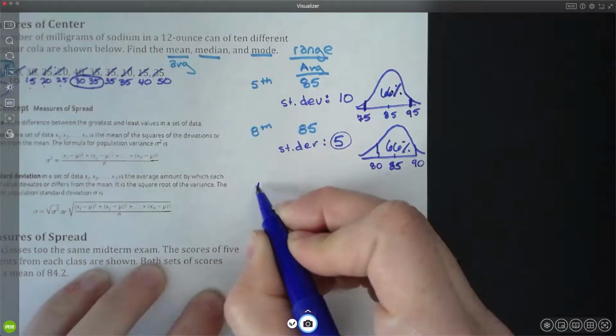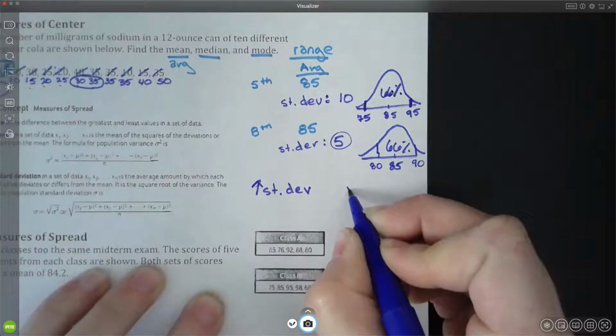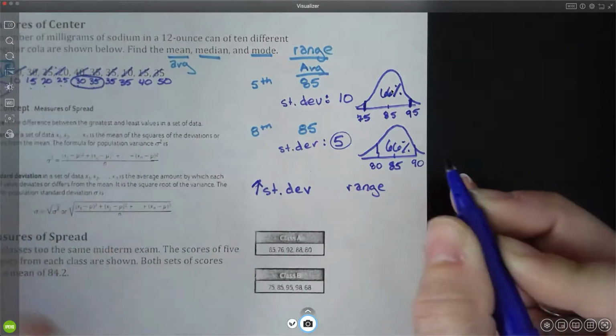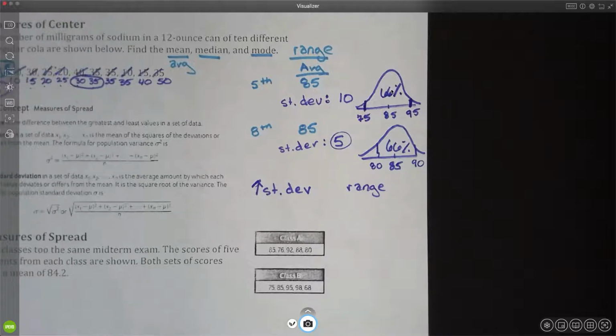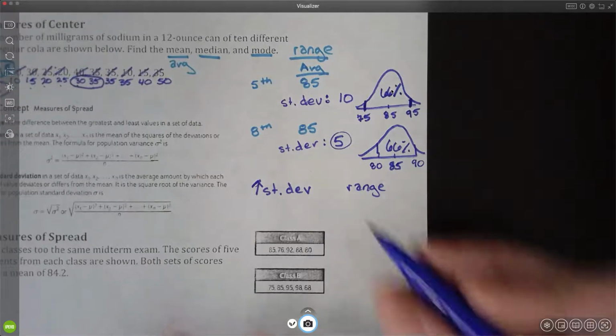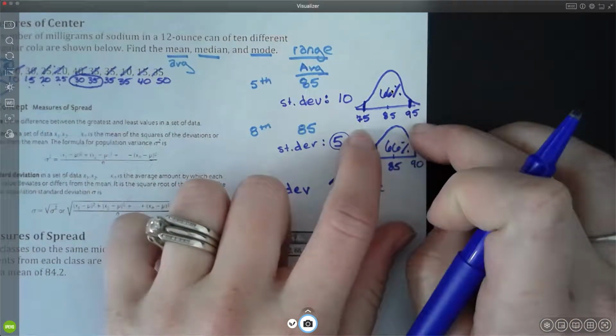So if my standard deviation is a big number, what's going to happen to my range? Like range, highest number minus lowest number. What's going to happen to my range if my standard deviation is a big number? Is it higher or lower? It's going to be big. If my standard deviation is big, like 10, my range, 75 to 95, is going to be bigger, right?